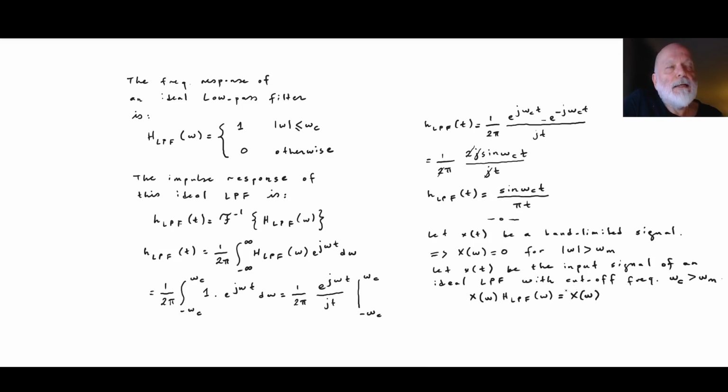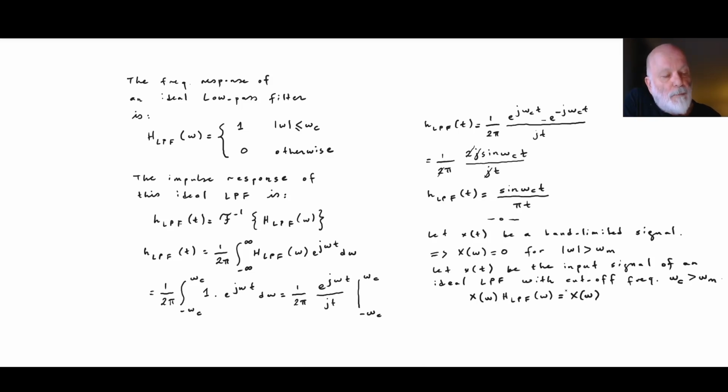The input and output signals will be identical because the cutoff frequency is greater than omega m. In other words, all the frequency components of the band limited signal will pass through the ideal low-pass filter. Now, the interesting expression is the time domain expression.